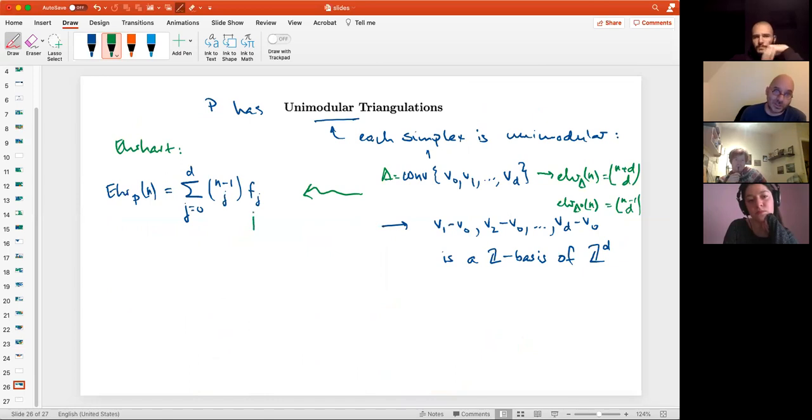This gives rise to the f vector of the triangulation. And so the f vector is the same as when you count faces. Now I'm counting faces in the whole triangulation.